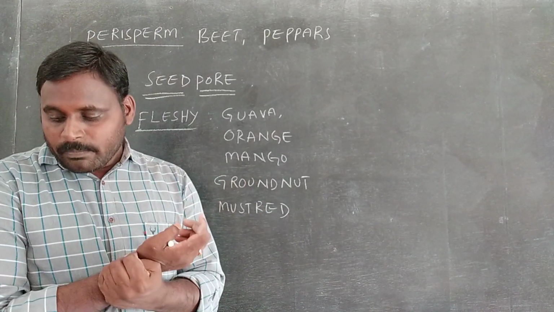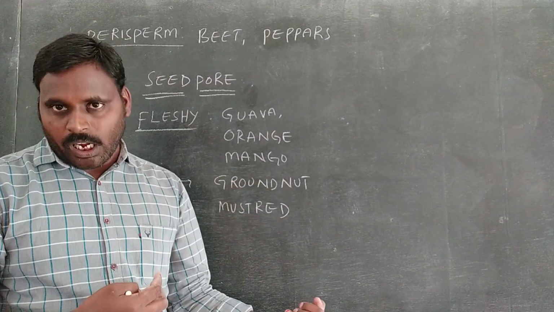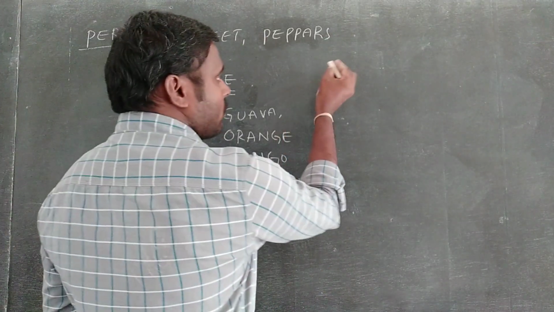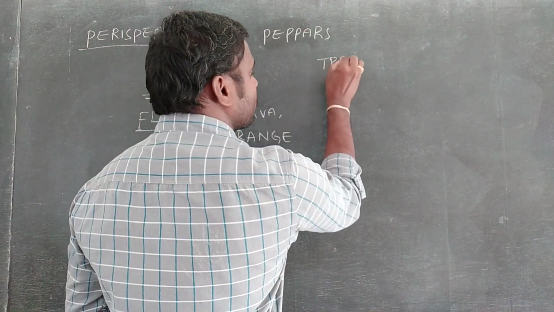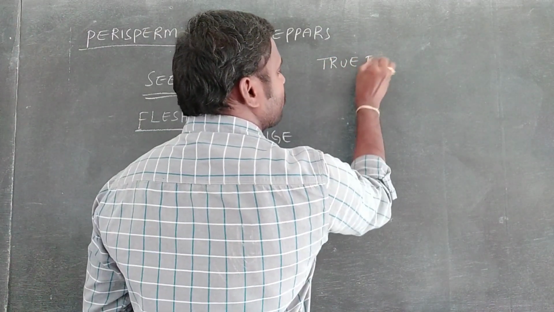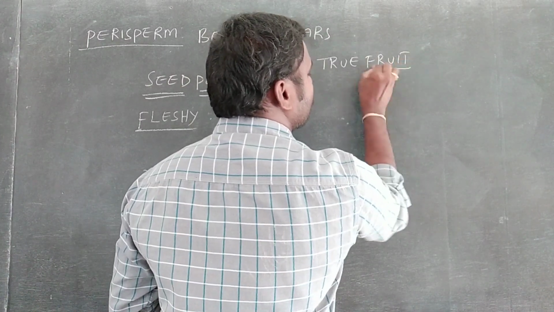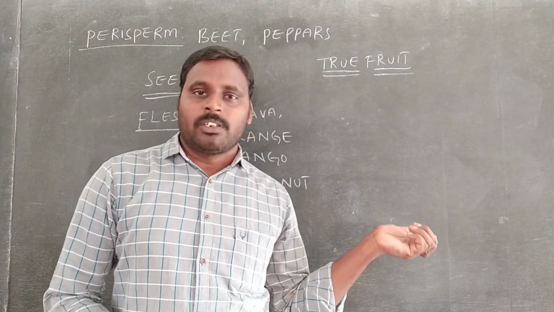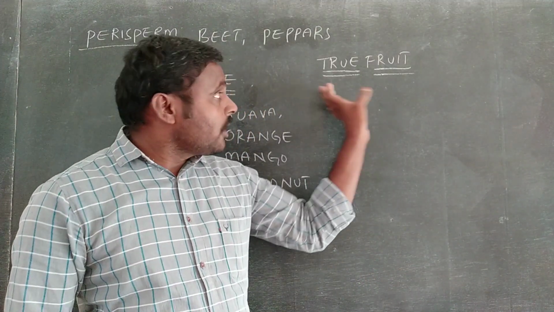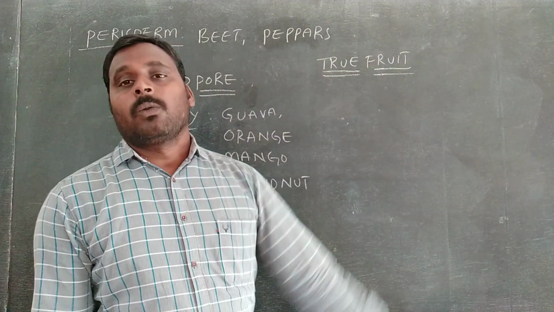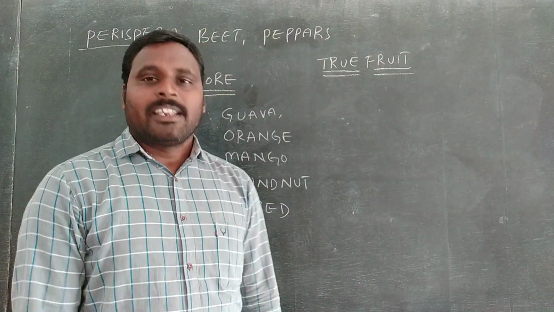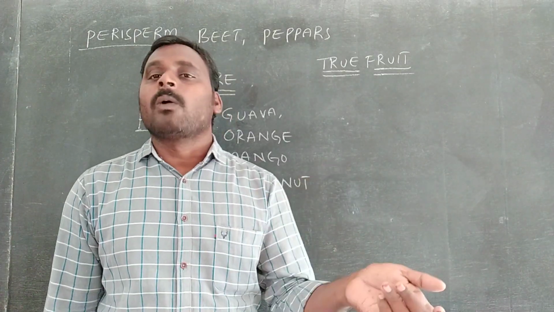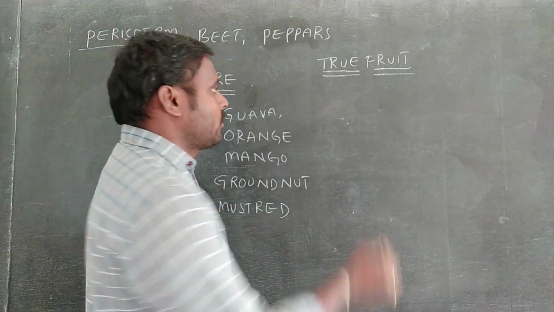In most plants, the fruit develops from the ovary, and the fruit that develops from the ovary is called a true fruit. But in some plants, the fruits develop from parts other than the ovary. Those are called false fruits.